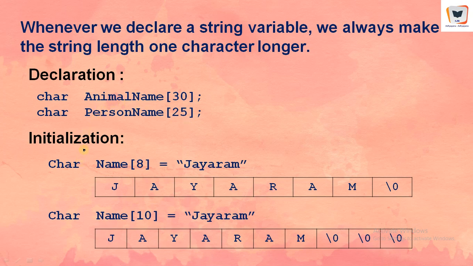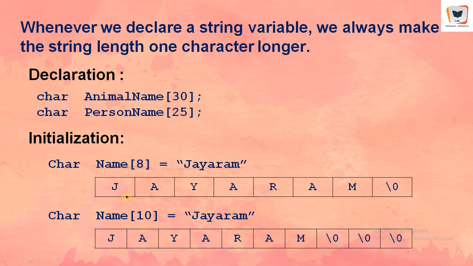And we can initialize before we start the program. If we need to process only 1 string variable, it's better we initialize it. When we deal with a number of string variables, we need to declare an array of strings. We will come to that at a later point of time.